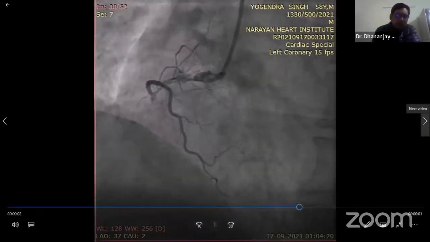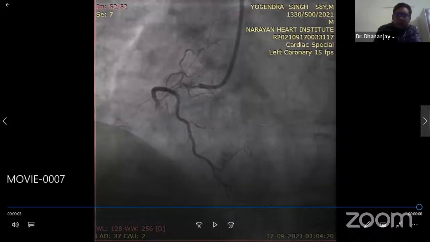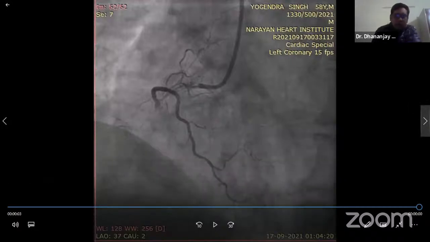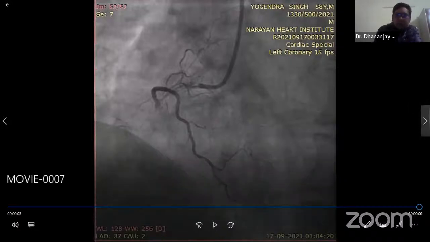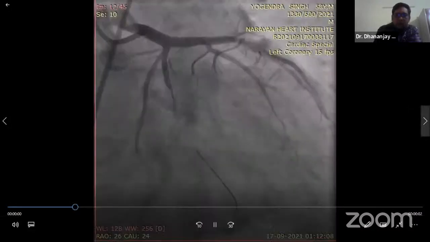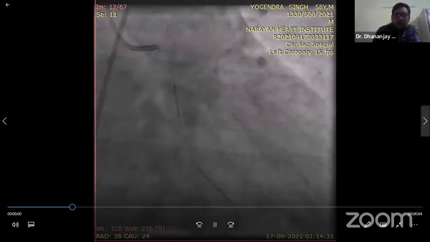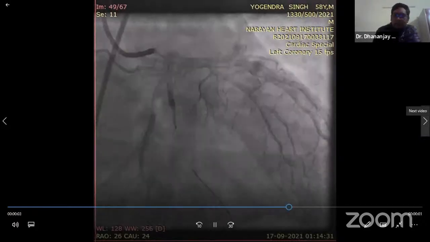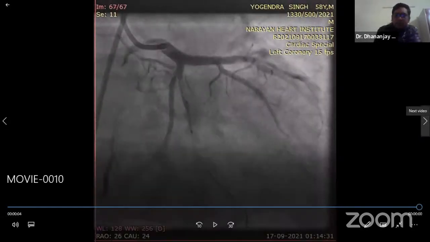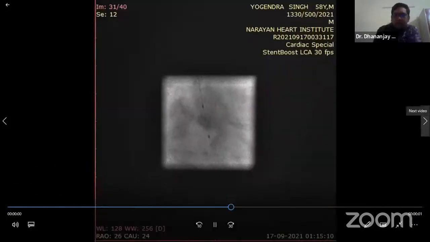So we did his primary PCI of the OM, direct stenting with a 2.75 x 15 Giants Expedition stent, and kept him for 48 hours.